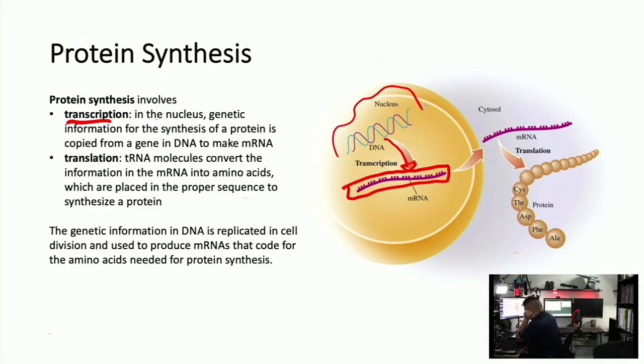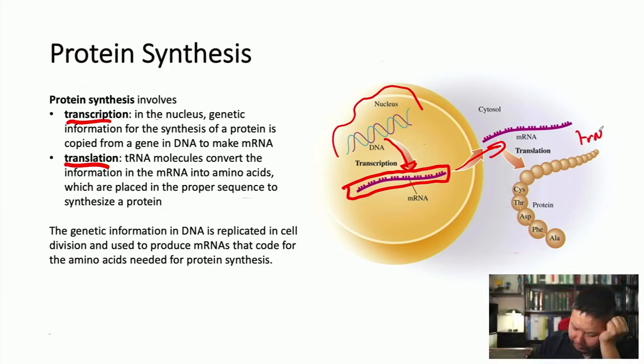After that, there is a process called translation, where the mRNA leaves the nucleus and goes into the cytosol, or cytoplasm, of a cell, and meets up with some tRNA that has amino acids attached to it, in a thing called a ribosome.